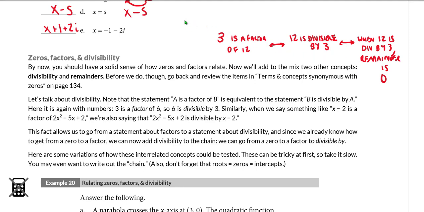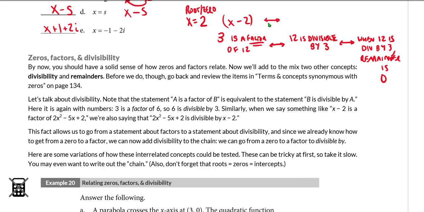So for instance, I'm going to add one step over here. If I start with, let's keep it simple, let's say x equals 2 is a root or 0. Okay, we just talked about the fact that we could say x minus 2 is a factor of the polynomial.